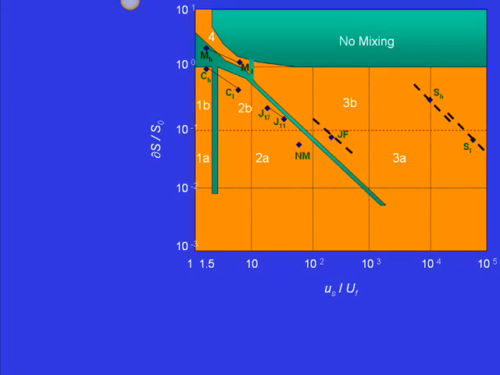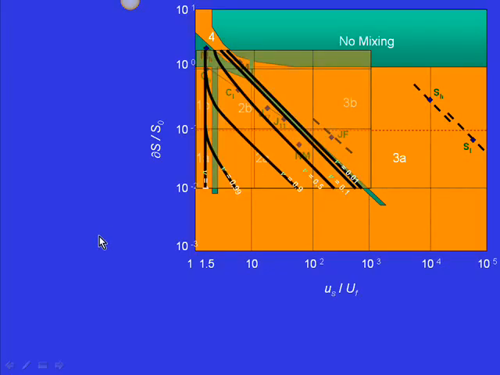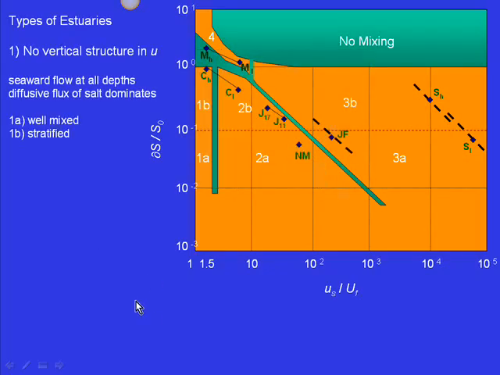So with these two parameters, you can place your estuary in this diagram, and you can learn about how the salt gets pushed into the estuary and how it behaves dynamically. That's why this classification is so useful. The drawback, well, we'll talk about the drawback in a minute.